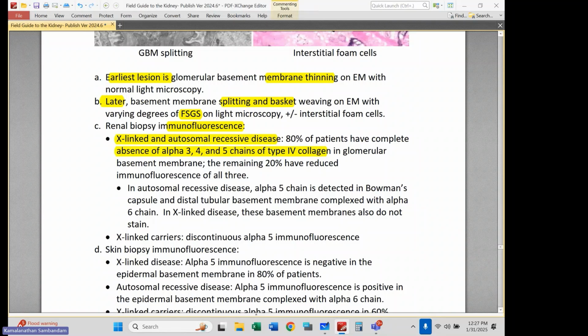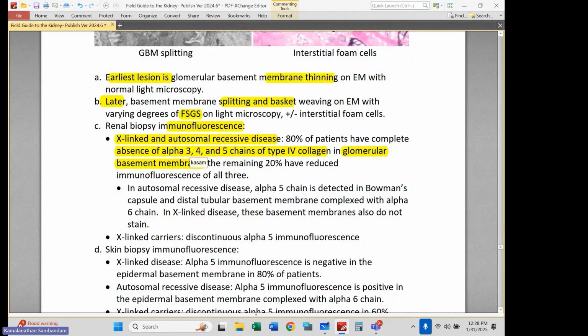These individuals will not see alpha-3, alpha-4, or alpha-5 chain staining in the glomerular basement membrane. So if I have a mutation in either alpha-5 or alpha-3 or alpha-4, I see none of these in the glomerular basement membrane, because you need all three to express the mature type 4 collagen in the glomerular basement membrane, made up of alpha-3, 4, and 5 chains.